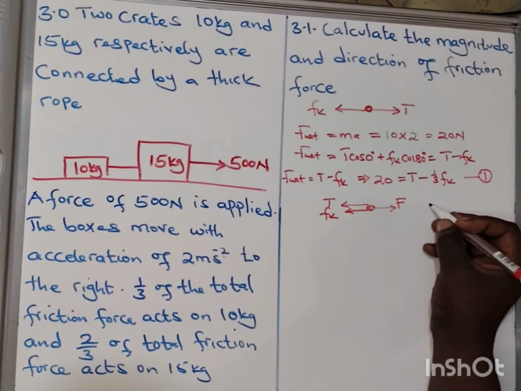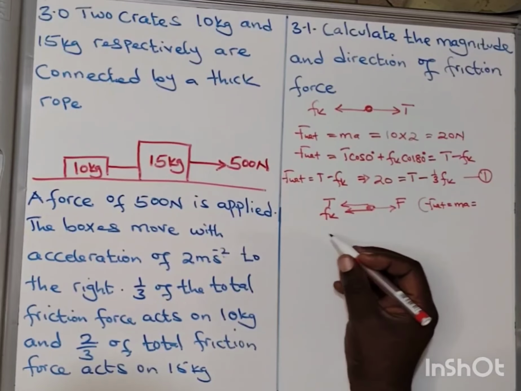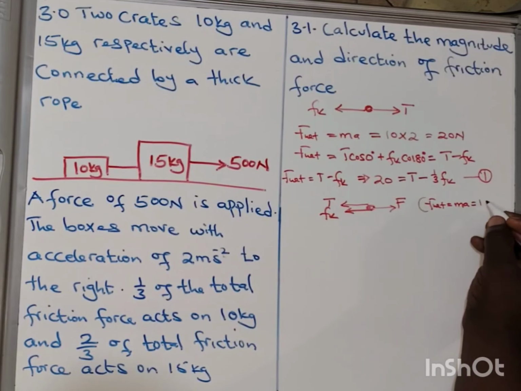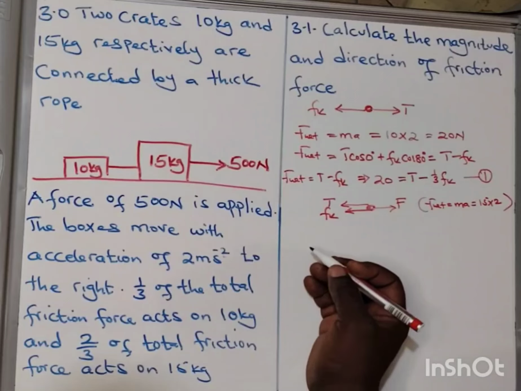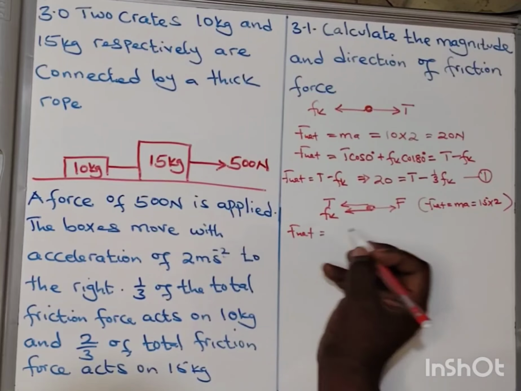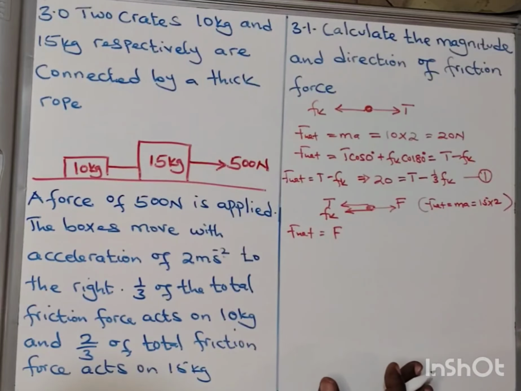But you have to remember also here that F net is equal to MA, which is equal to, what is M? 15 times 2. So from here, you have also to remember that from the forces we have here, F net is equal to F, because the body is moving to the right.